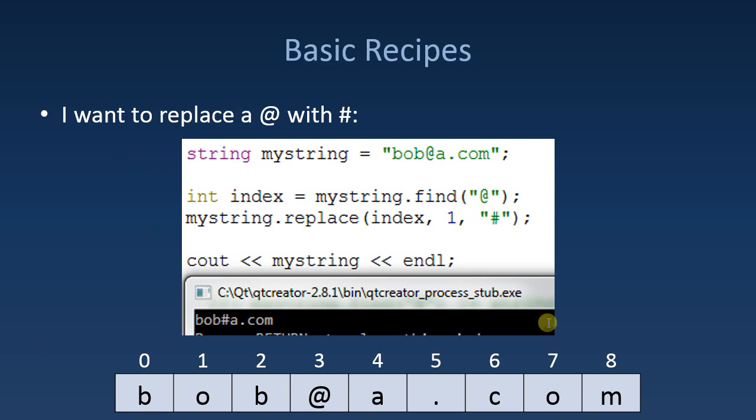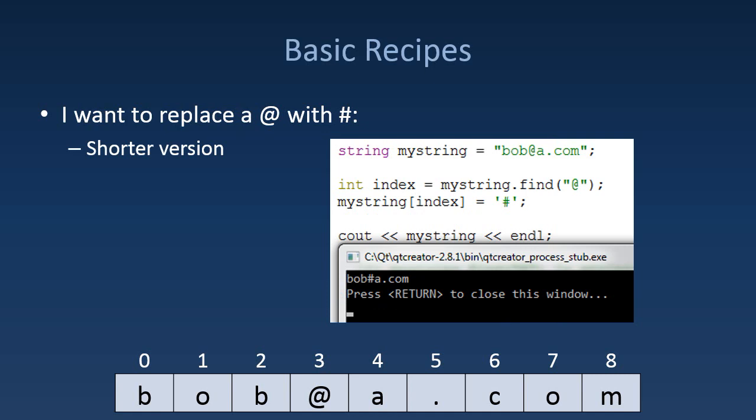This is not the only way I could accomplish this task, however. I could use the bracket operators, which allow me to access a particular character, to say, okay, go to my string and access character number 3 and assign it the value hashtag. Assuming we've found the location where the @ symbol is, we'll get 3, that'll be the index.